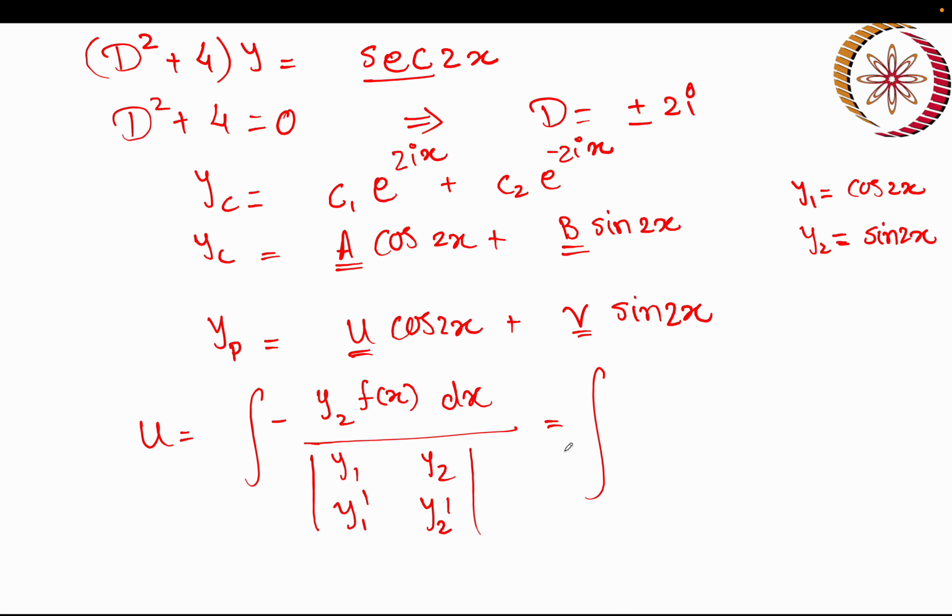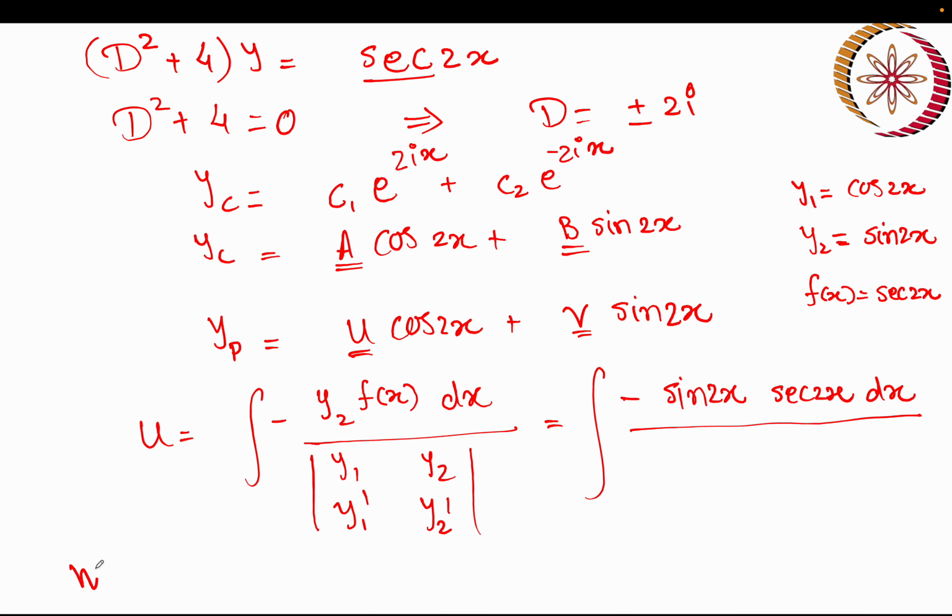Okay, so minus y2 is sin 2x, f of x is sec of 2x, and dx, and we'll determine this determinant first because it is common to both.